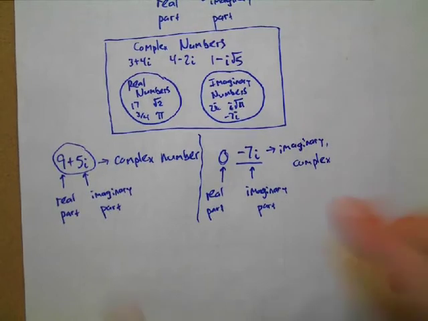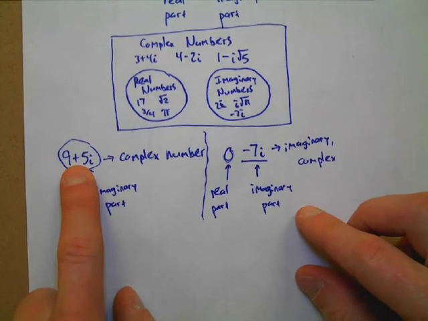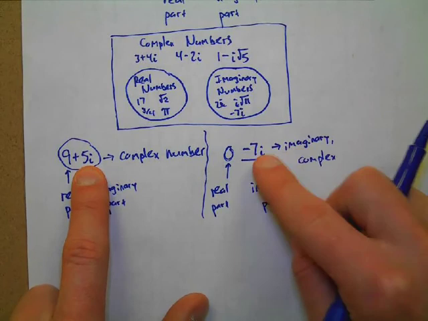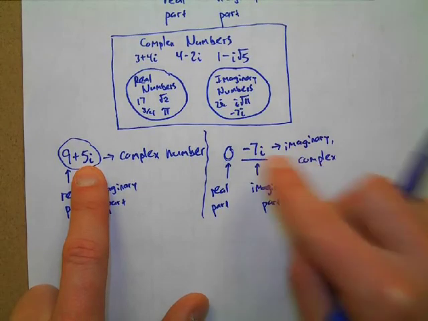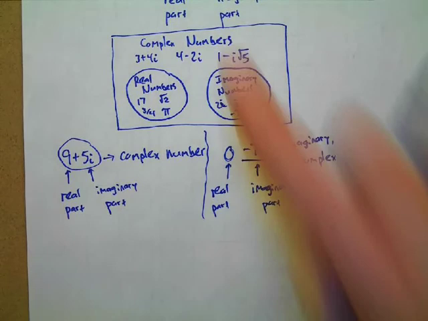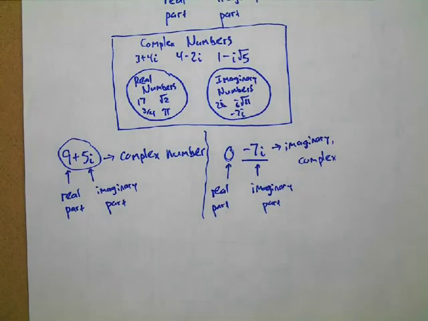This one was only complex because it has both real and imaginary. This one is imaginary because it's got the i, but then it's also complex, because if it's imaginary, it's also complex. Just trying to help you identify the different numbers. We can add and subtract complex numbers.